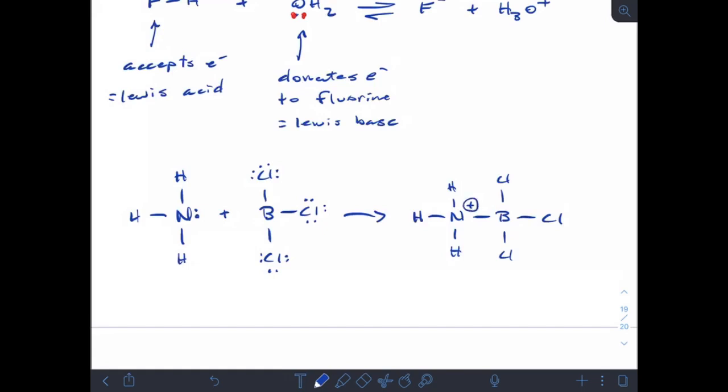Right? So we make a bond between the nitrogen and the bromine. But both of the electrons in that bond are from the nitrogen.